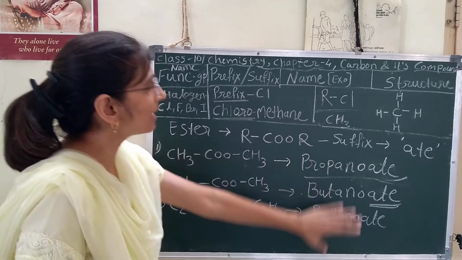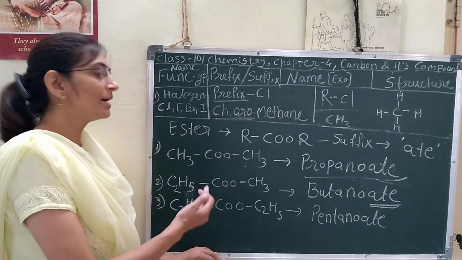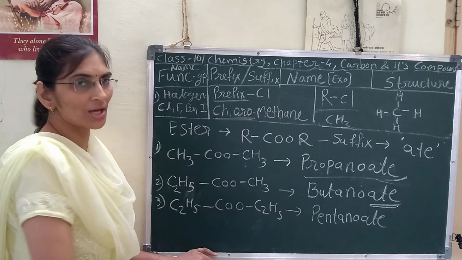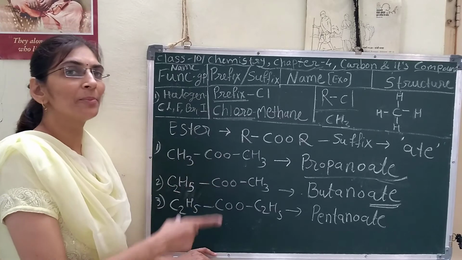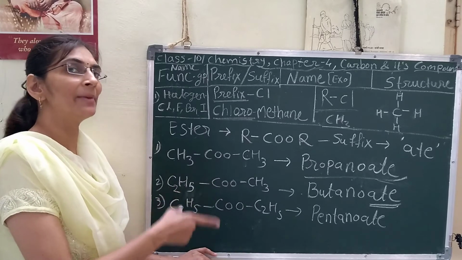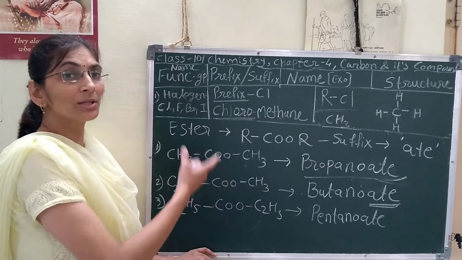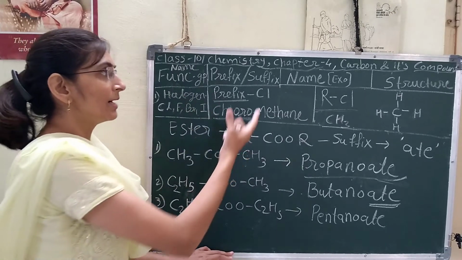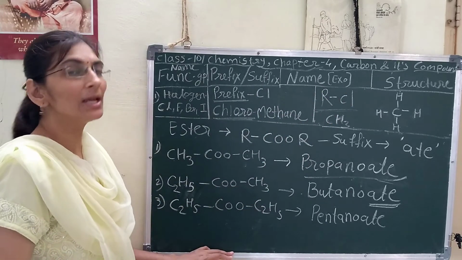So this is the IUPAC name. The basic functional group we have taken here, and we have seen the formula and structures also, and how we have to give the name according to the IUPAC system. So nomenclature also we have seen simultaneously. In your next topic, I will send you the chart of this functional group, its series, the structure and its IUPAC name.